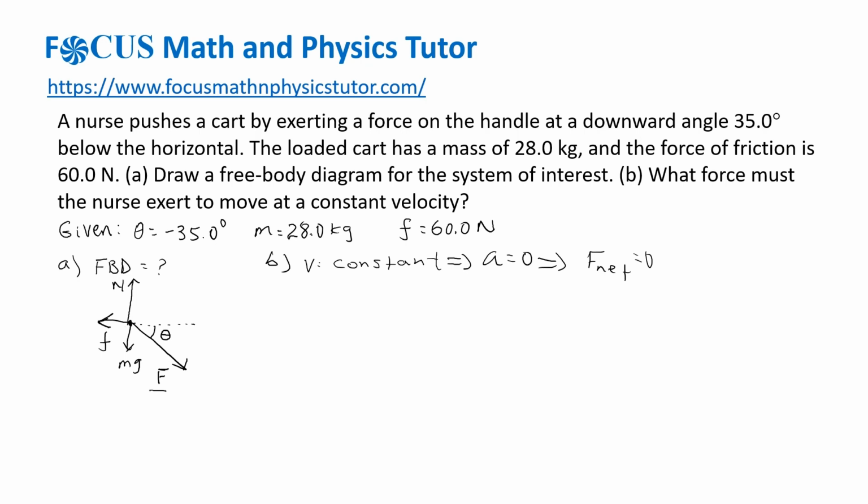And what we are asked to find is what is the force exerted by the nurse. Alright, so if F net is equal to 0, then the force component of the exerted force minus the friction force, which is opposite to the direction of the exerted force, must be equal to 0.